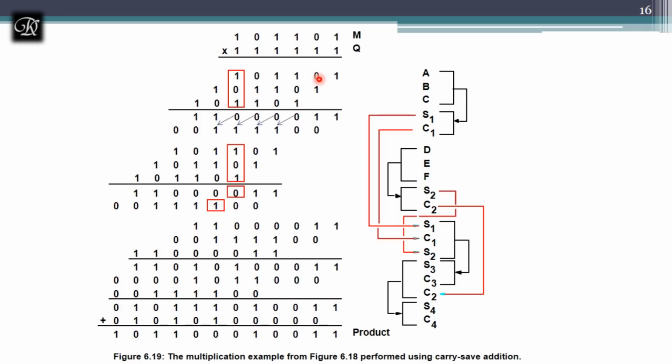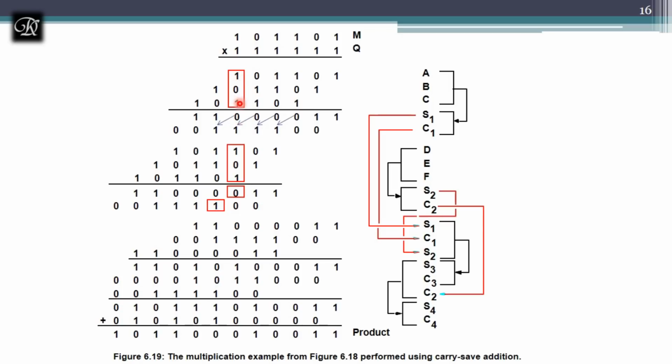Next, you need not add them, you just have to write them in the next level. Now it is 0 and 1, sum is 1, carry will be 0. Now it is 1 and 1, it is 10, so sum is 0 and carry will be 1 here. Again 1 and 1, sum is 0, carry will be 1. Again 1 and 1, sum is 0, carry 1.